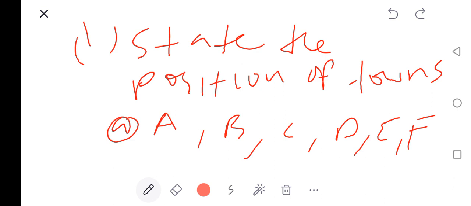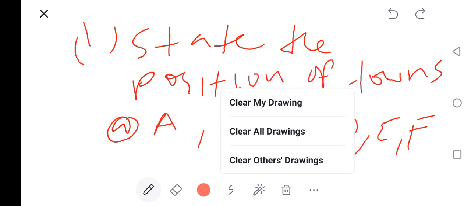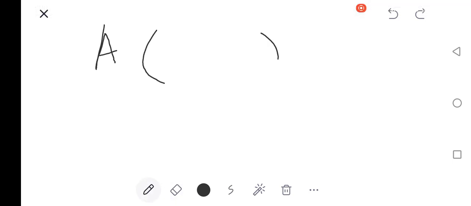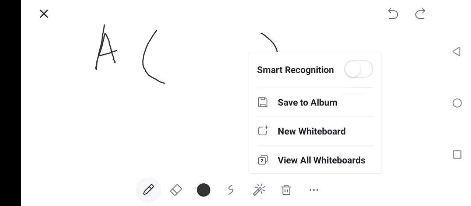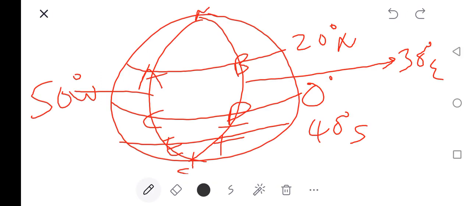So, for us to do this, we have to write point A with brackets. You always write the degrees together with their positions. When you look at point A, it's here. You start with latitude.